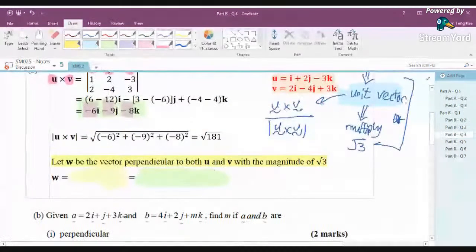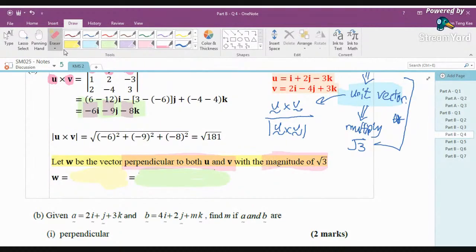Let's say I make one assumption: I call W the vector that is perpendicular to both of them and also has the magnitude we want. How can I achieve that? Let's see carefully. I have the unit vector, U cross V divided by the magnitude, and then we multiply with the magnitude we want, square root of 3.